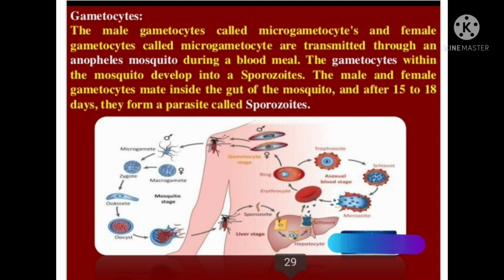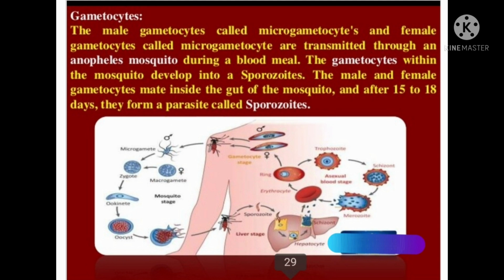So when an Anopheles mosquito comes for the blood meal, at that time initially the gametocytes get transmitted. The gametocytes within the mosquito develop into sporozoites.